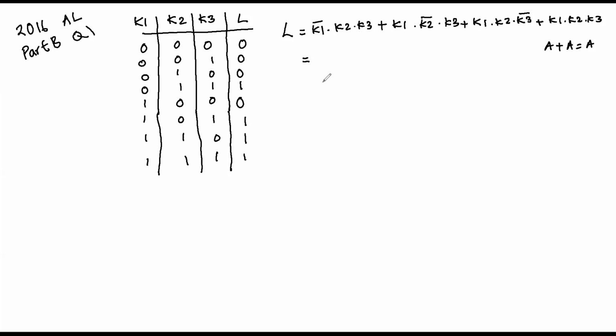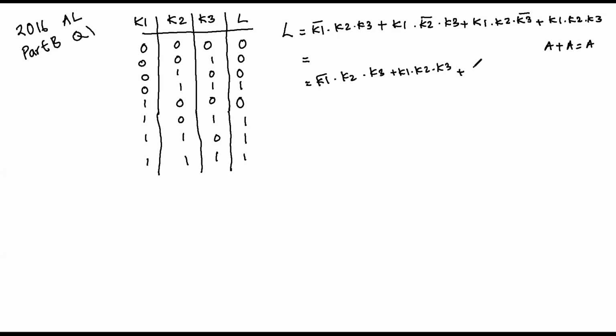So we can rewrite this expression saying K1 bar, K2, K3, and then I will take one of these terms, that means K1, K2, K3. So that's the first one, plus I'll take the second term as well. You can simplify with this one.